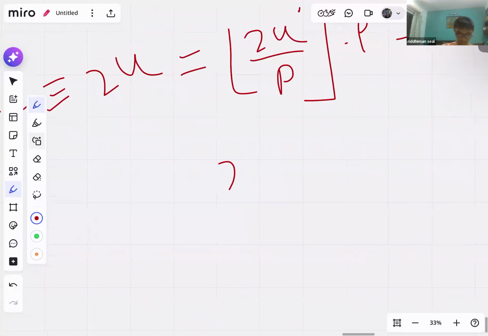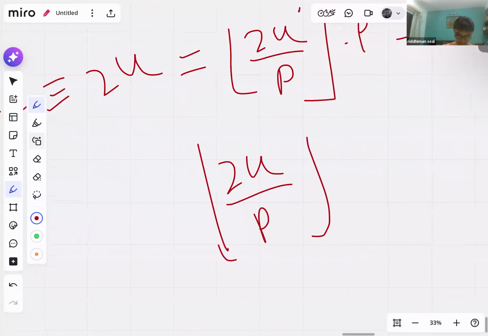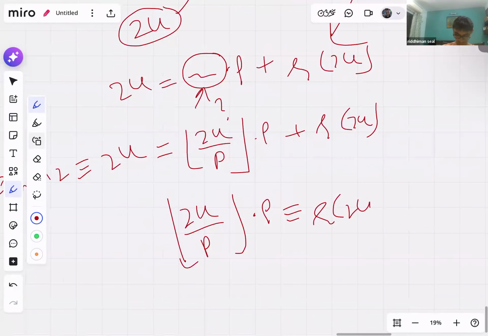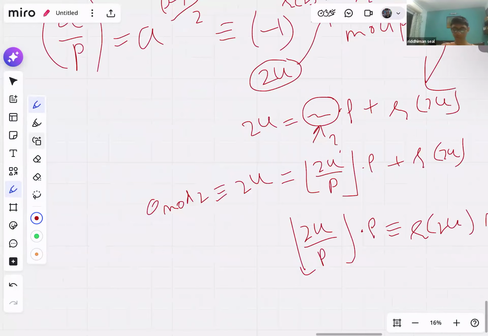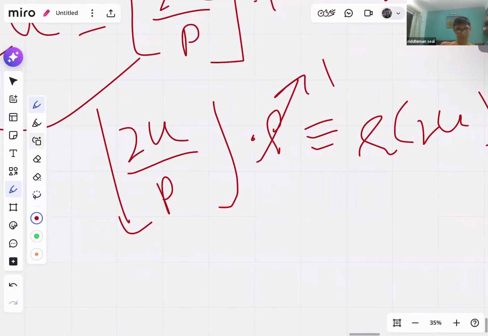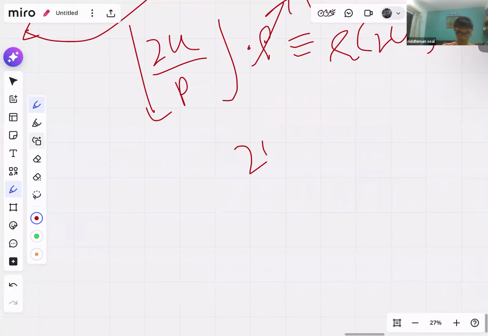So what we end up getting is just that the floor times p is congruent to R of 2u mod 2. Also, by the way, the minus 1 is the same as plus 1 mod 2, so you can take this on the other side, it will be the same. And we know that this thing is 1 because p is odd. So look at this.